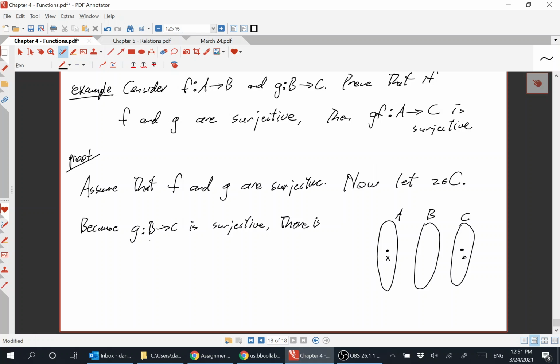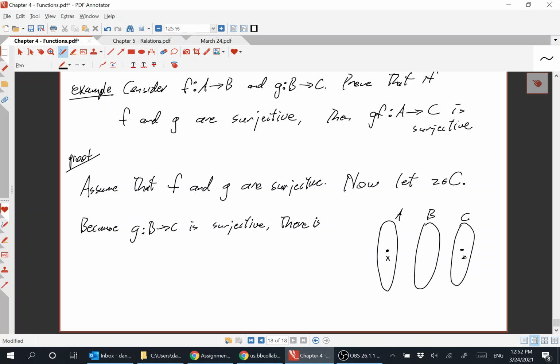So what must exist? Every range element has an in arrow. Yeah, okay. So how do we encode that in the language of functions? There is an in arrow. In other words, there is something in B, since G goes from B to C.